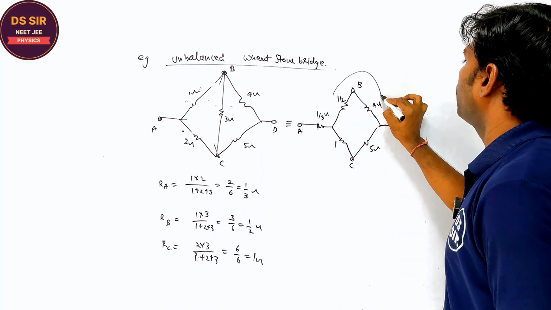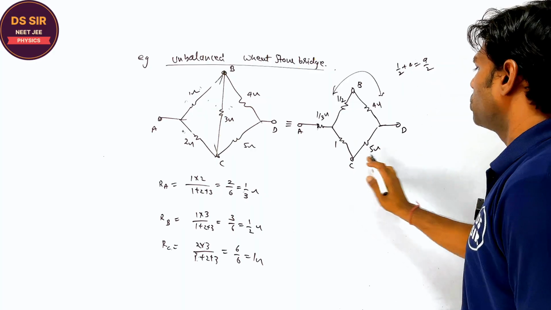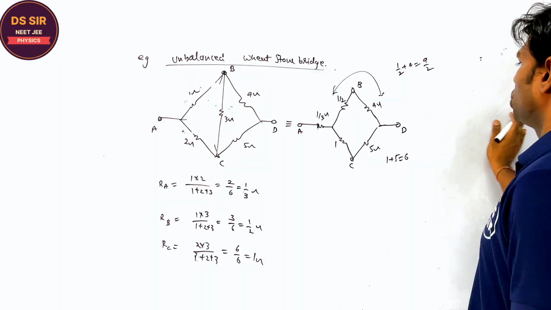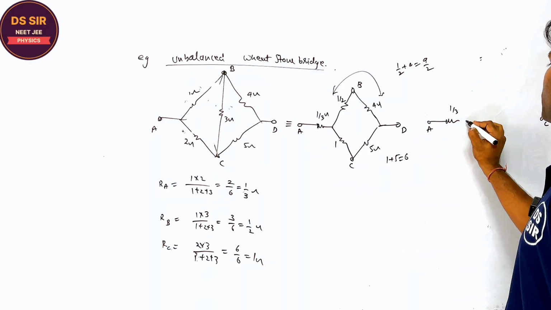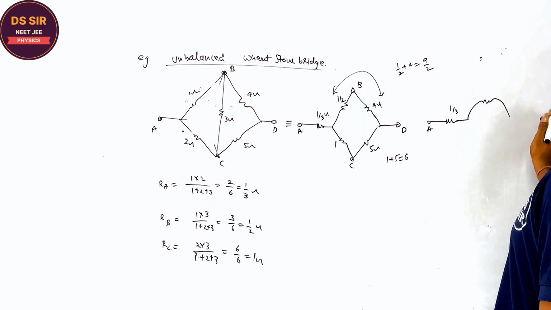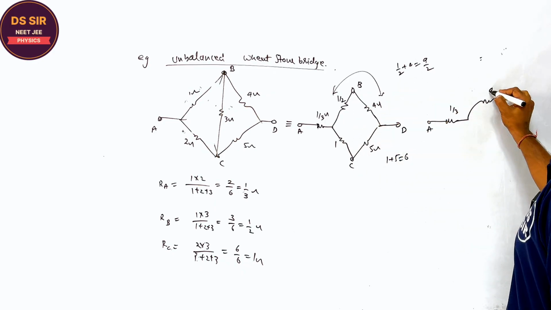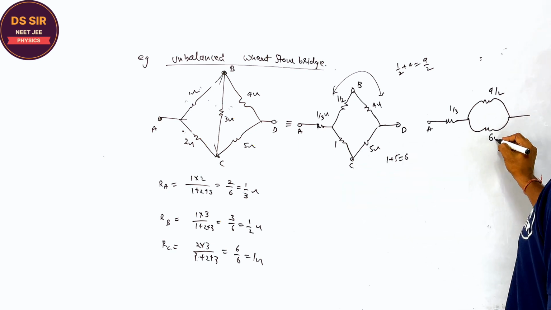This 1 by 2 and 4 ohm are in series, 1 by 2 plus 4, so it is 9 by 2. 1 and 5 are in series, 1 plus 5, it is 6. So this is A, this is the 1 by 3 resistance. In the upper branch, it is 1 by 2 plus 4, which is 9 by 2, and the lower resistance 1 plus 5 is 6 ohm.